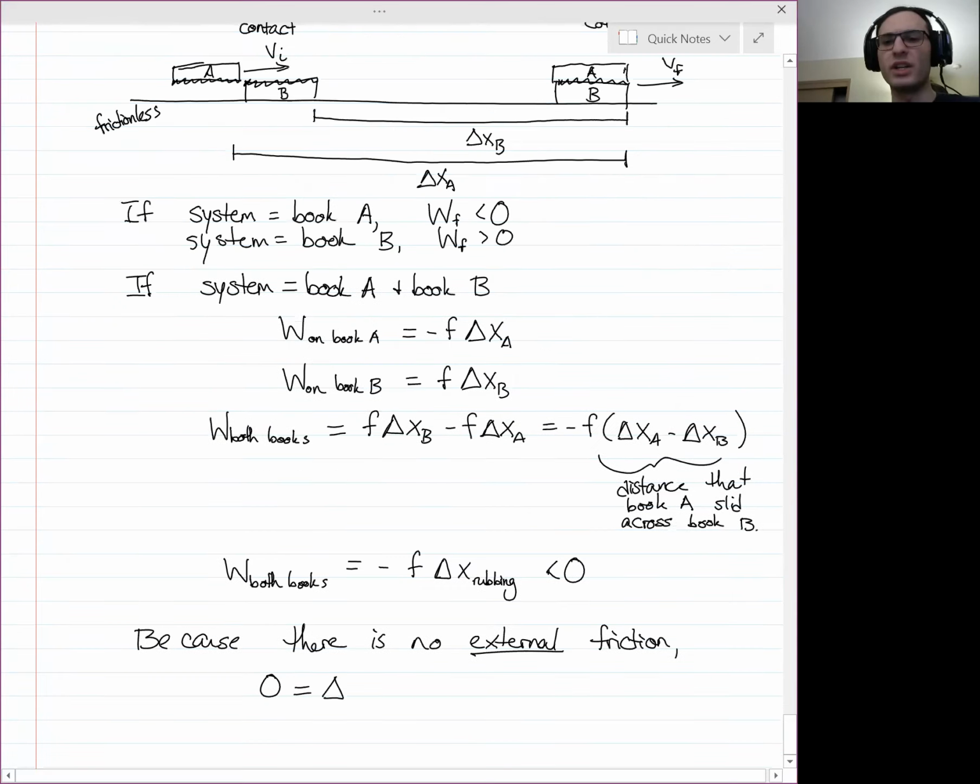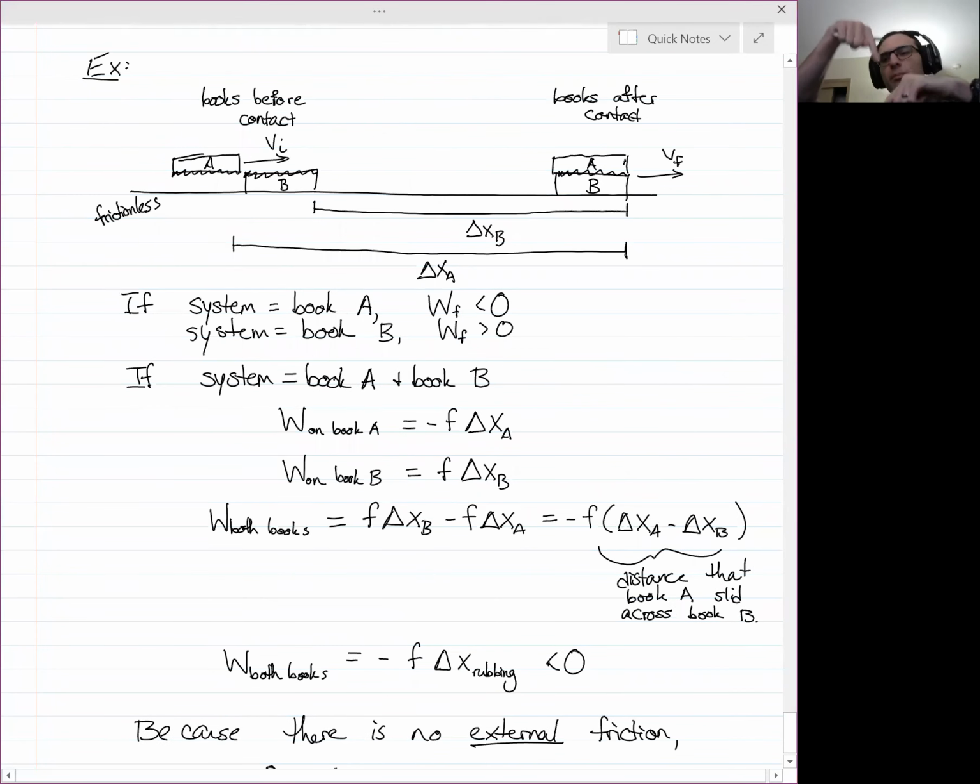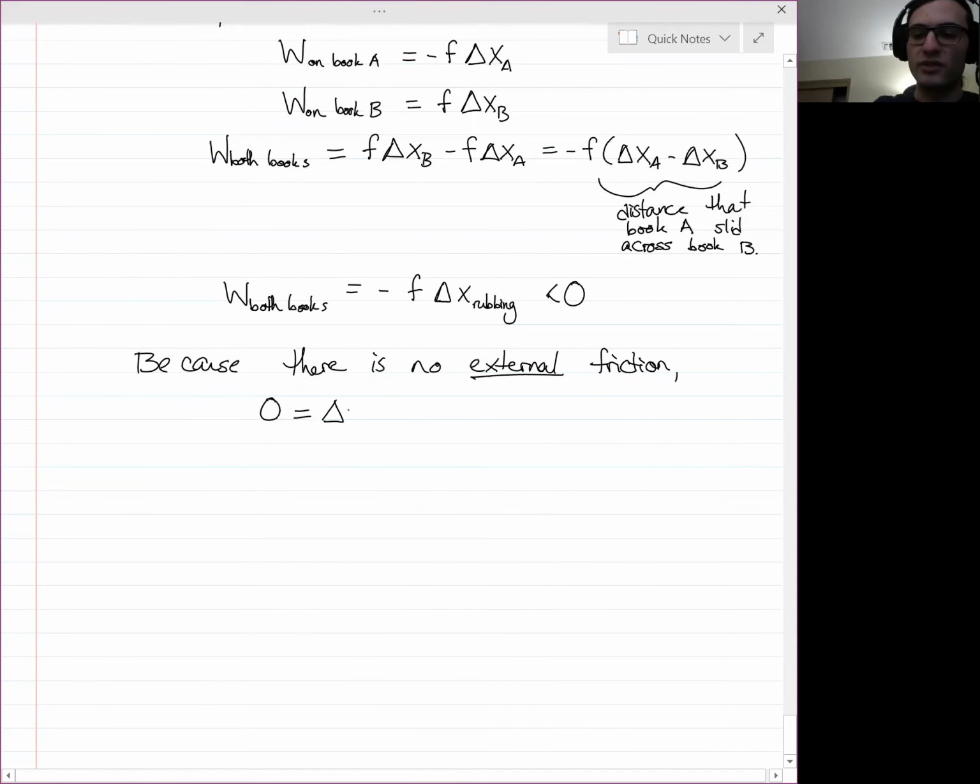We're going to ignore gravity here because gravity is only perpendicular to the motion, so it won't contribute anything to work. So we have 0 equals the change in kinetic energy of the system plus the change in thermal energy of the system, i.e., this is equal to the change in kinetic energy minus the work done on both books.